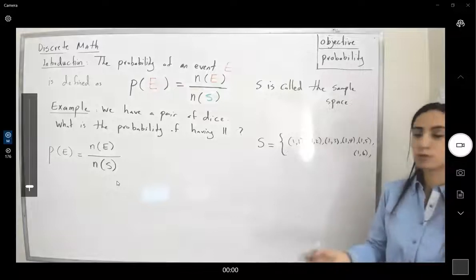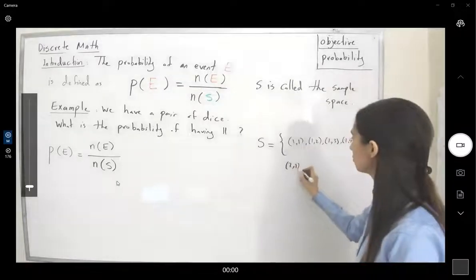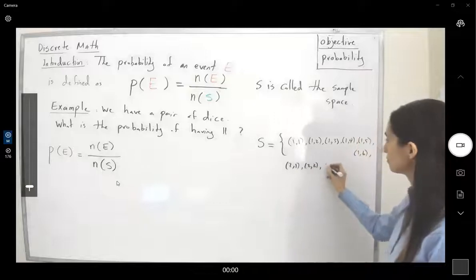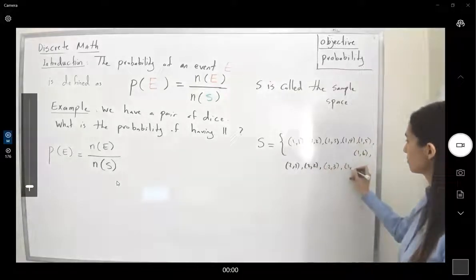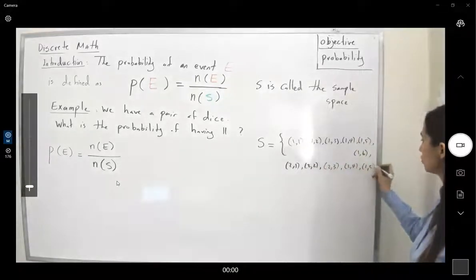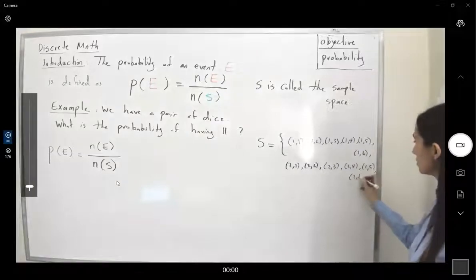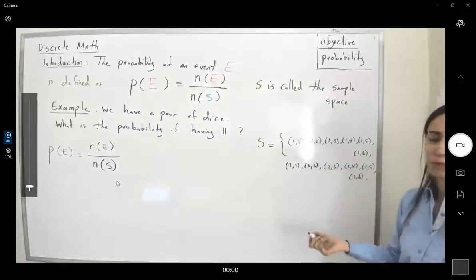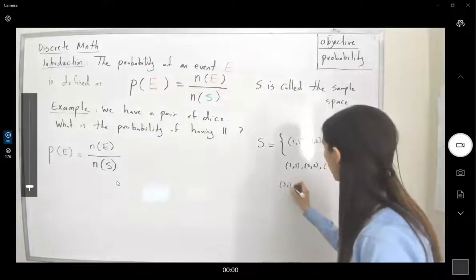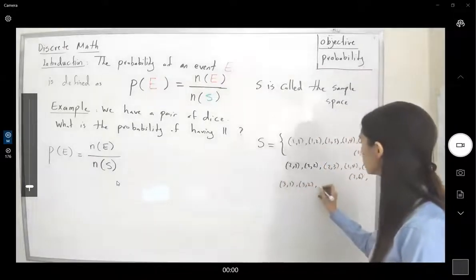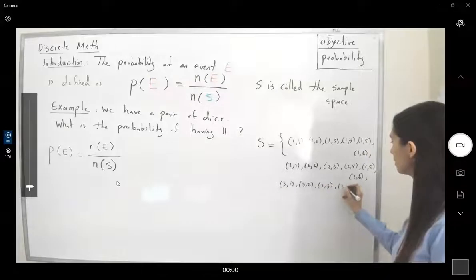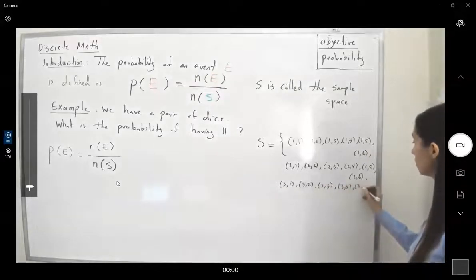The first one might be 2. 2 and 1, 2 and 2, 2 and 3, 2 and 4, 2 and 5, and 2 and 6. The first one might be 3. 3 and 1, 3 and 2, 3 and 3, 3 and 4, 3 and 5, and 3 and 6.